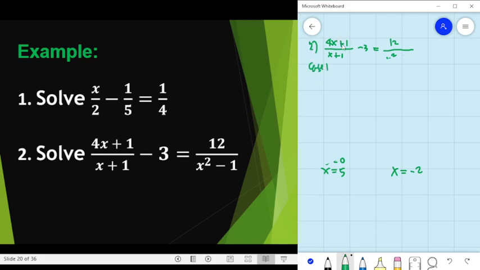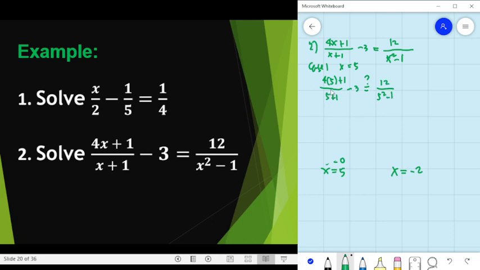Case 1, x equals 5. We replace these x's here with 5. So, 4 times 5 plus 1 all over 5 plus 1, minus 3. Is it equal to 12 over 5 squared minus 1?